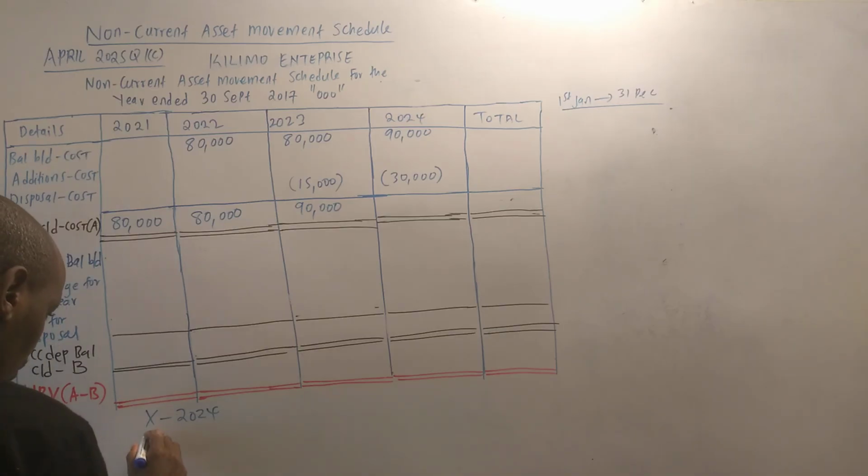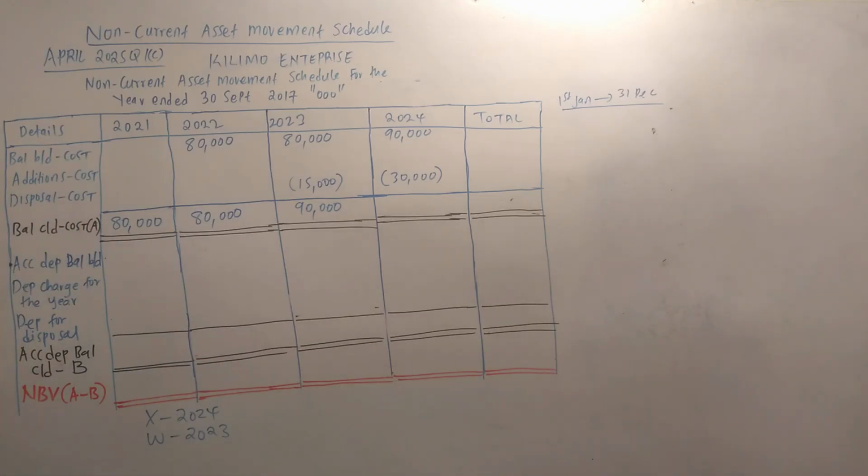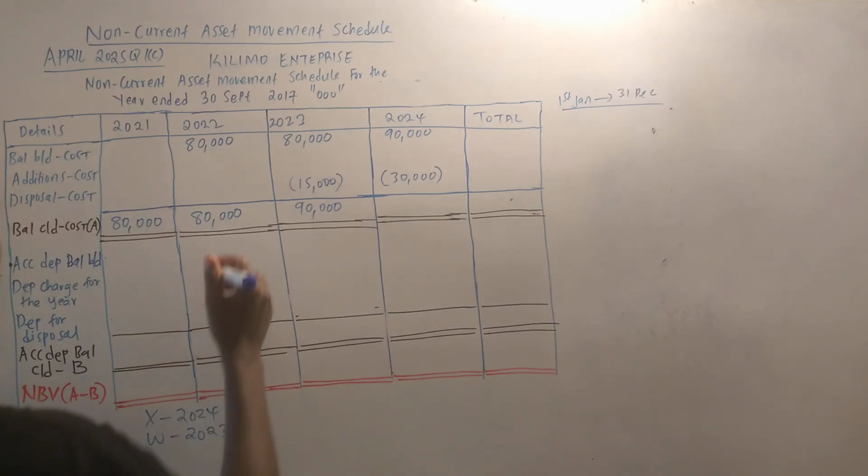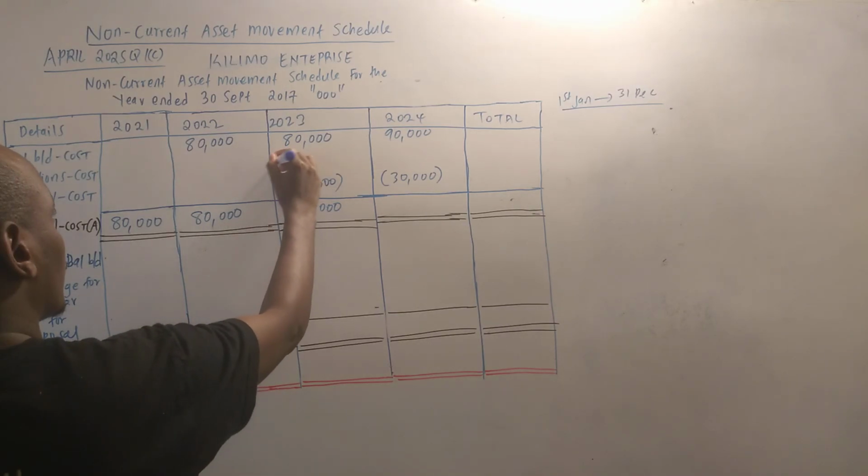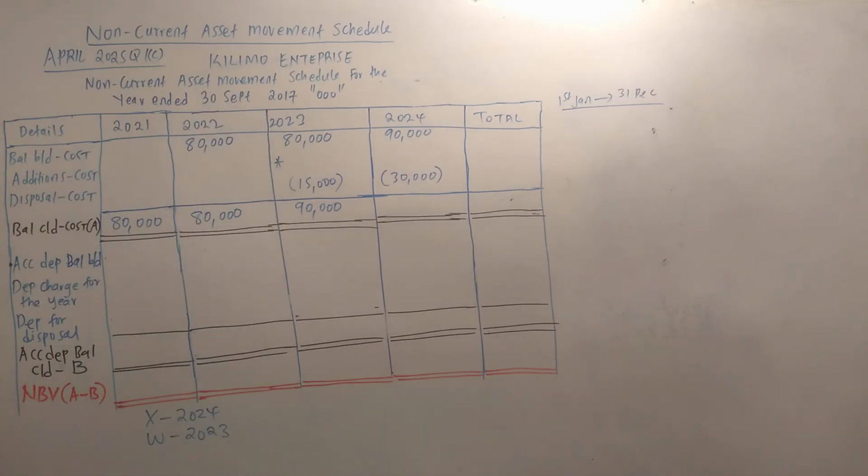And then plant W was disposed in 2023. So be keen. So that one will give us the way. Plant W was sold and replaced on the same day with the plant Y. So that is 2023. The value is to be determined. So we are supposed to determine this value of addition. But the other one we have been provided.